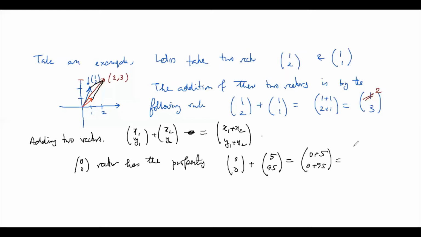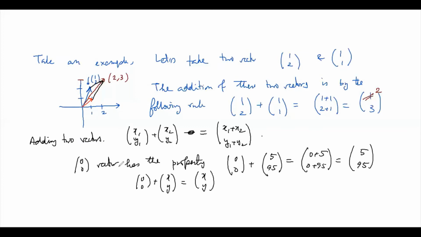So that's 5, 95. And in general, if you add 0, 0 to any vector x, y, you will get the same vector x, y. So not only can you add two vectors, you also have a notion of a zero vector. If you add that zero vector to any other vector, you get the same vector back, just like the number 0 in real numbers.